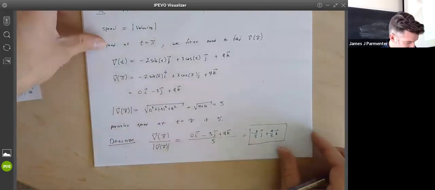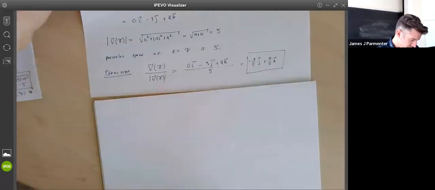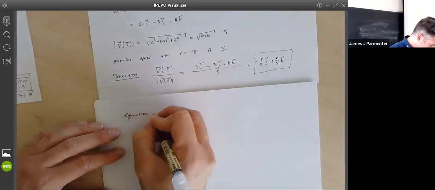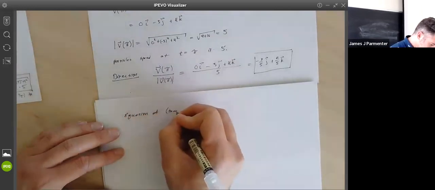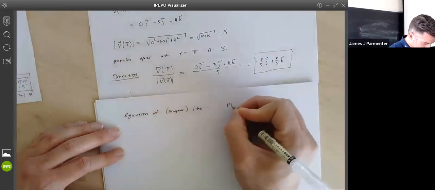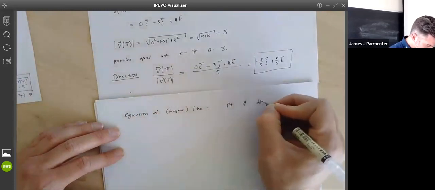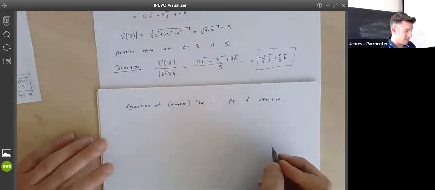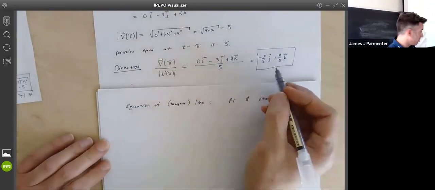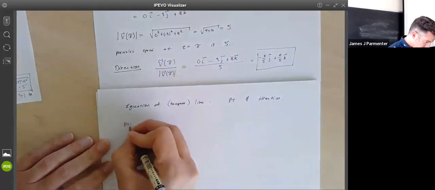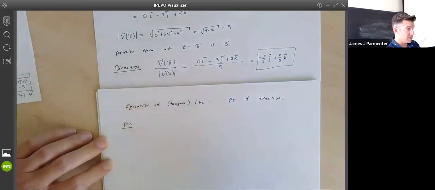As far as the equation of the tangent line at that point, so to find the equation of a line, we don't particularly care that it's tangent. We need a point and a direction. So I'm going to take, now this is where I actually would use the not normalized direction vector. So my point is the point at time equals pi.